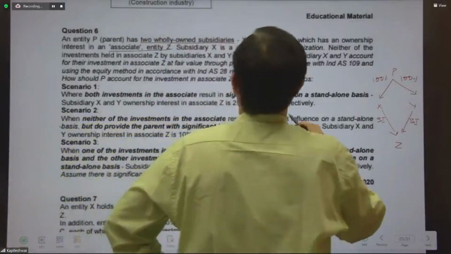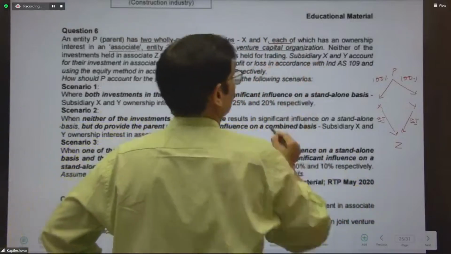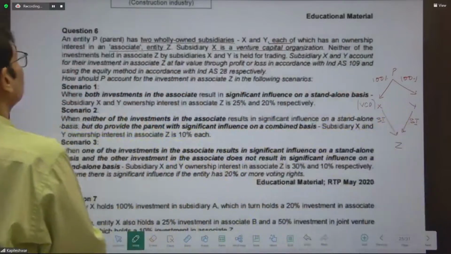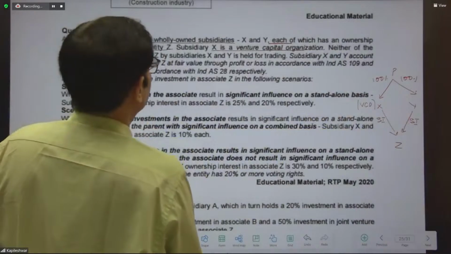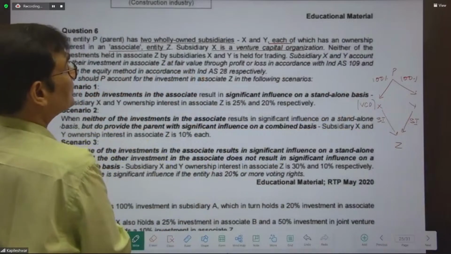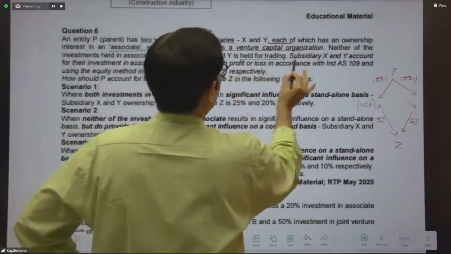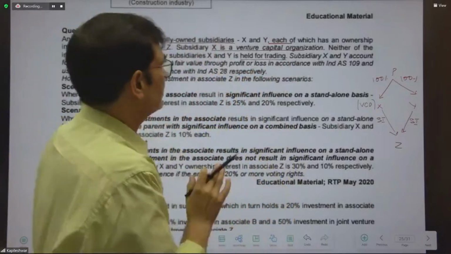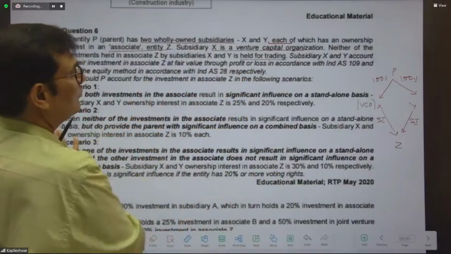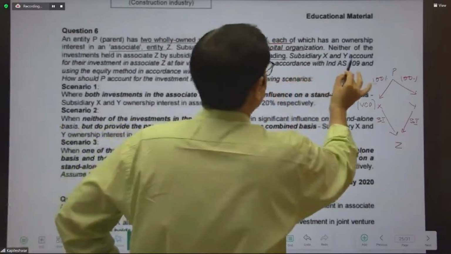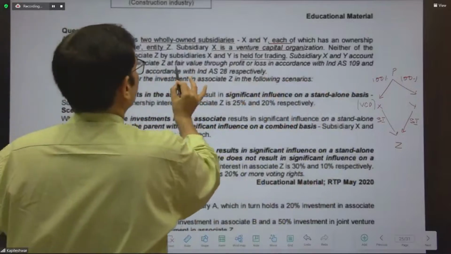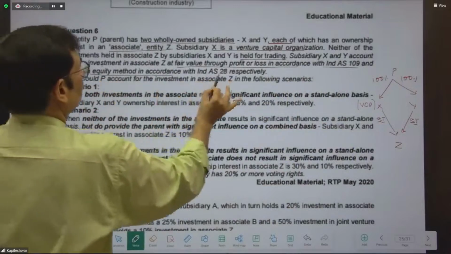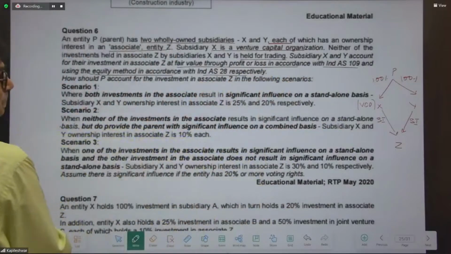Subsidiary X is a venture capital organization. So X is a VCO. Neither of the investments held in Z by subsidiary X and Y is held for trading, because if it is held for trading, then you need to account under FVTPL. So it says neither of these investments is held for trading, and the subsidiaries X and Y account for the investments at FVTPL in accordance with Ind AS 109 and use the equity method in accordance with Ind AS 28.